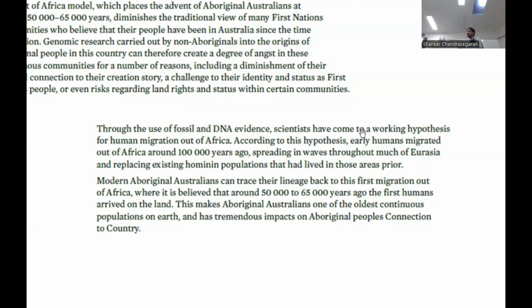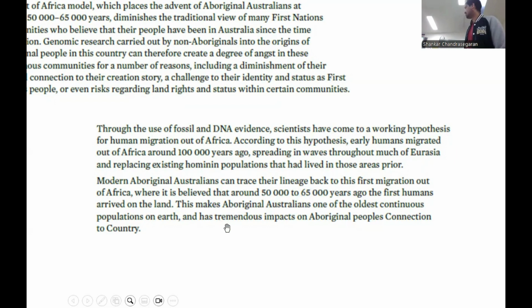Whereas in places like Europe, the Middle East and Asia, there was still gene flow happening between different populations of Homo sapiens. The population of Homo sapiens that arrived in Australia, the Aboriginal Australians, became genetically and geographically isolated from the rest of the Homo sapiens population.